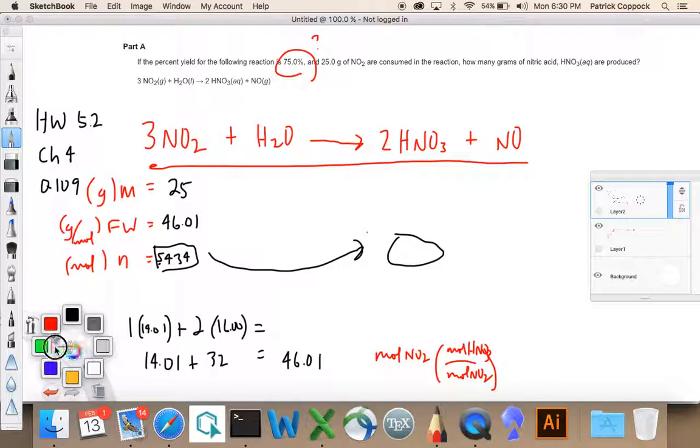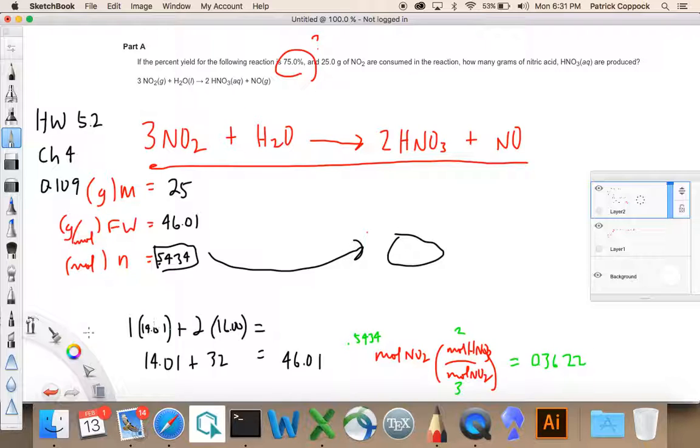Let's choose a different color here, green. This is 0.5434, which is still in my calculator. This is 2, and this is 3. Equals times 2 divided by 3, which is 0.3622.